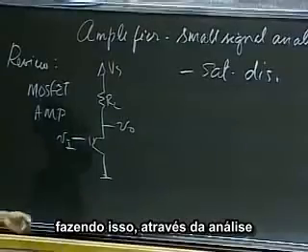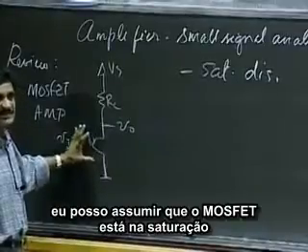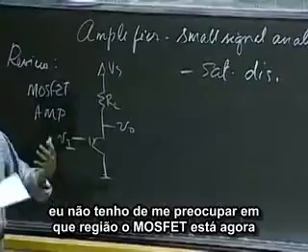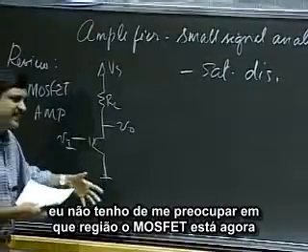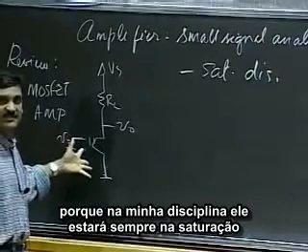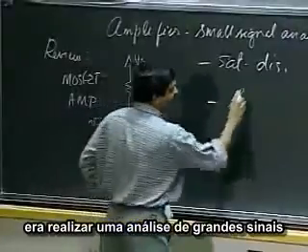Okay? And by doing that, throughout the analysis, I could make the assumption that the MOSFET was in saturation. Okay? I didn't have to go through both. Analysis became easier. I didn't have to figure out, now, what region is the MOSFET in? Well, because of my discipline, it's always going to be in saturation. But in turn, what we had to do was conduct a large signal analysis.